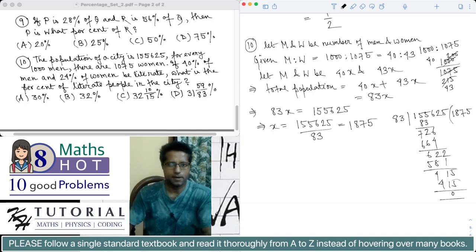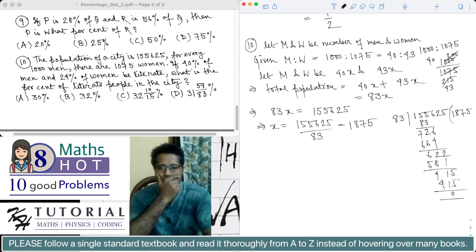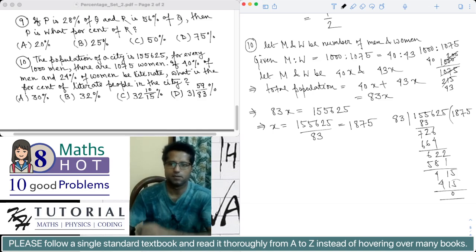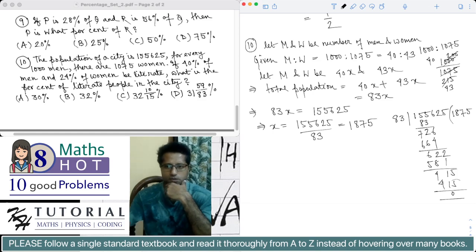Actually, I do not think the total population is required to find the percent of literate people in the city. Instead of considering the total population to be a fixed number, let's consider it as p.